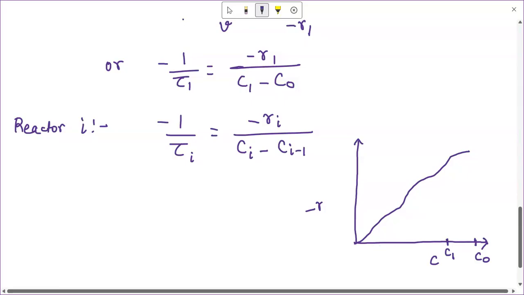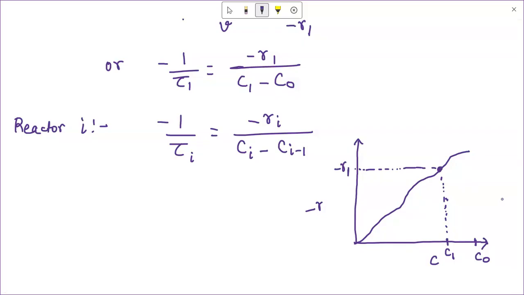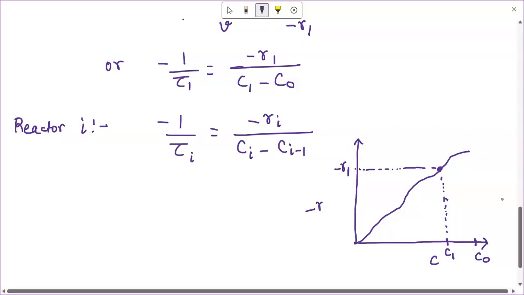So for C1 you have the corresponding rate. Let's say I am going to protrude this from the x-axis, and say this is the first rate. So this becomes the point where we see the C1, minus R1 point on the plot. Okay.